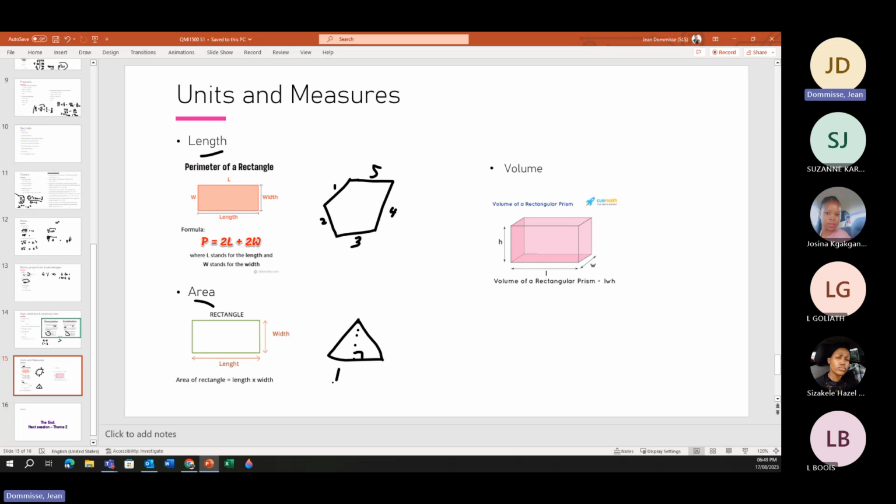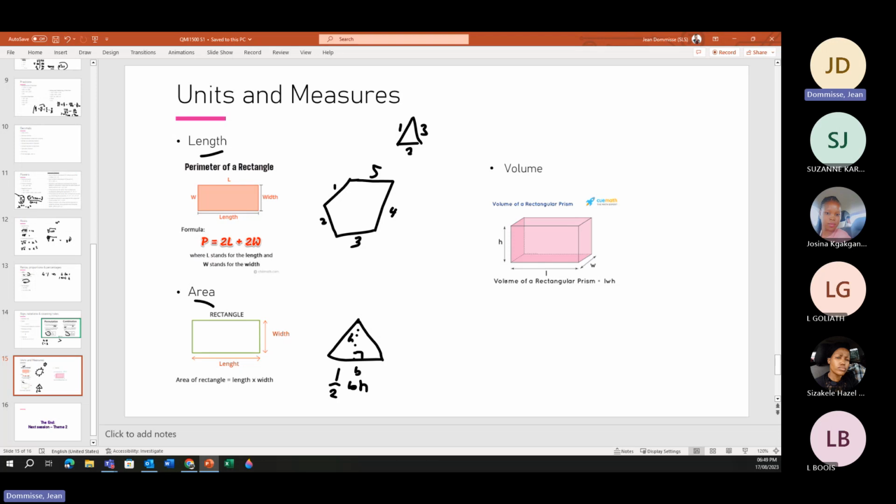So then it will be something like a half base times height. That will be the area of a triangle. If it was the length of a triangle, again, we would just add those three lengths of the sides.